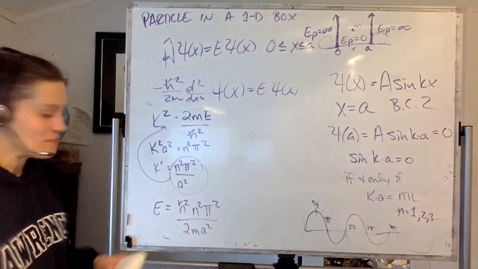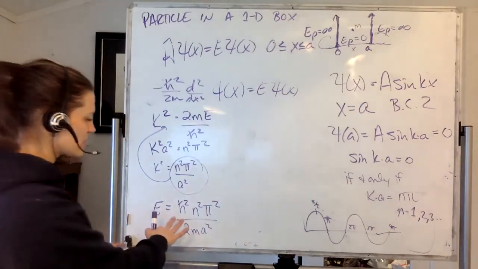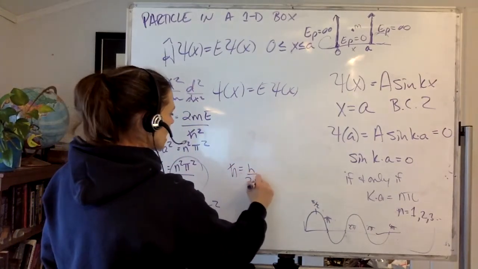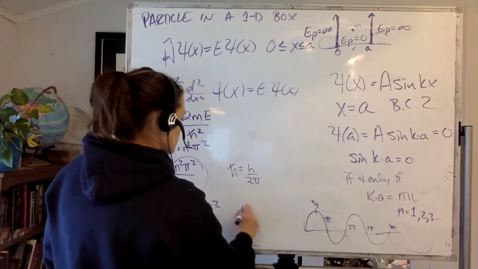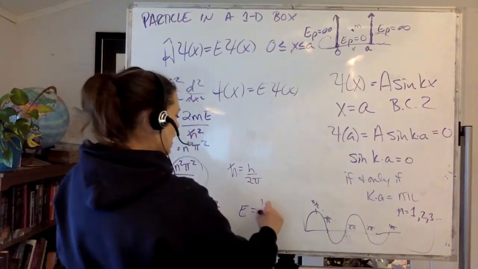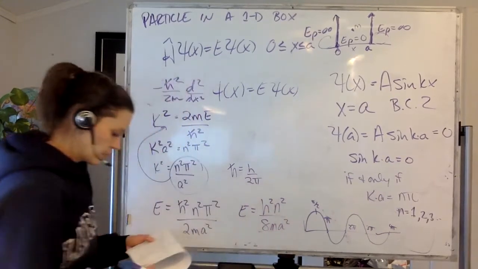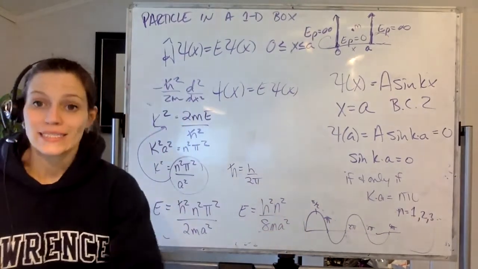What does this mean? And I'm going to simplify this a little bit, keeping in mind that h bar is equal to h over 2 pi. So I can simplify this a little bit more and say E is equal to h squared n squared over 8ma squared. What does this mean?